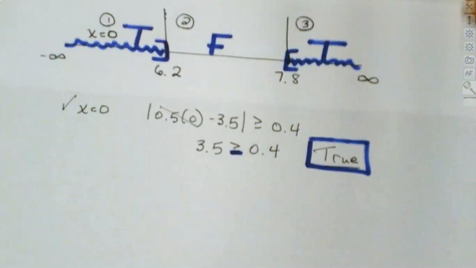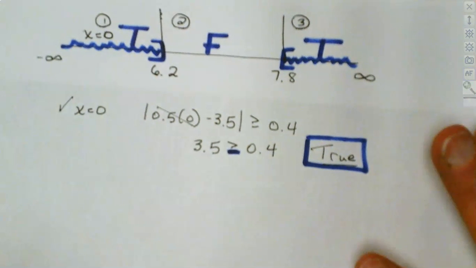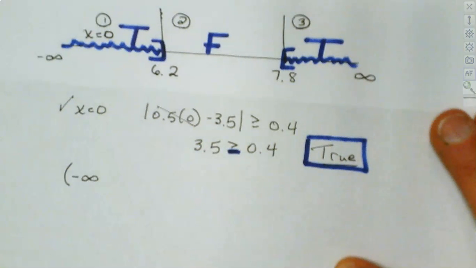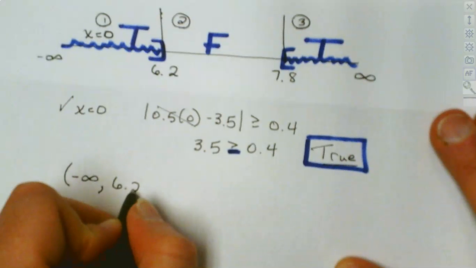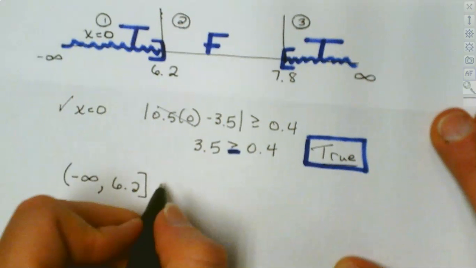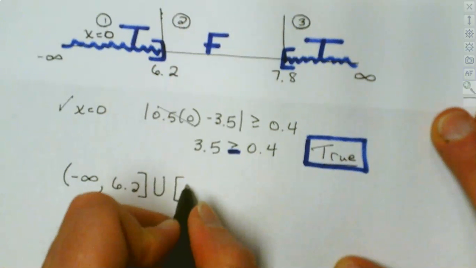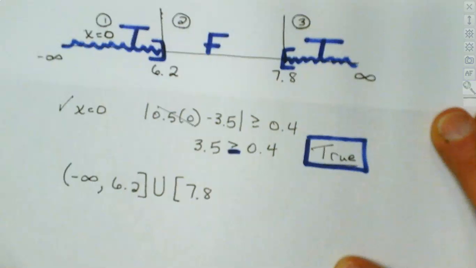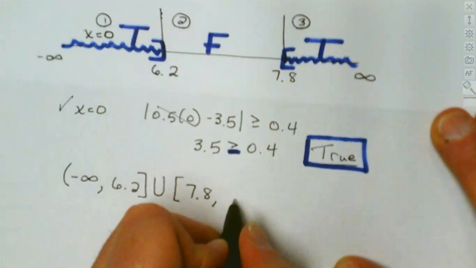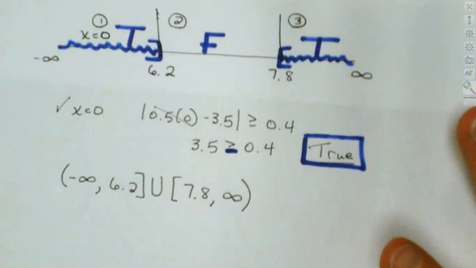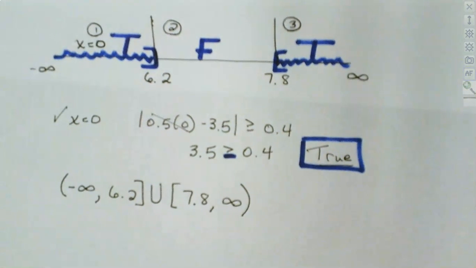So what does it now look like in interval notation? Well, it looks like negative infinity with parentheses, comma, 6.2 with square brackets. We've got a U for union, 7.8 with square brackets, comma, infinity with a what? With a parentheses there.